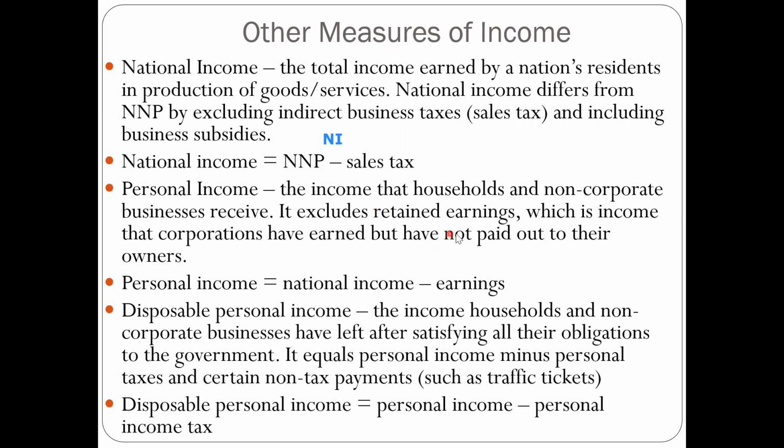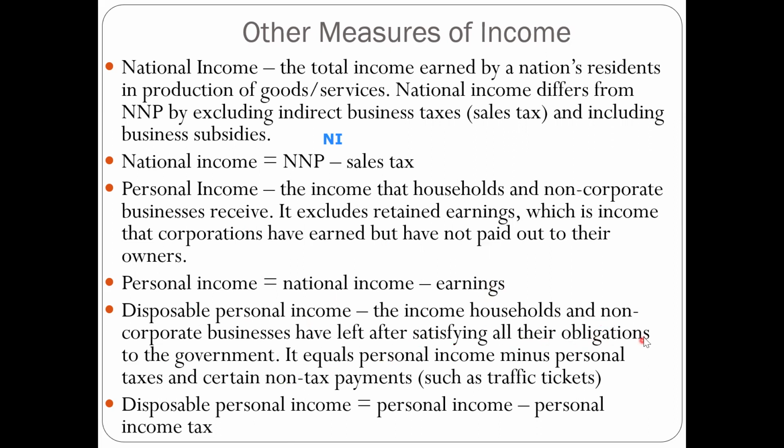Why do companies have retained earnings? In order to grow, in order to open other branches, all of these examples. For personal income, it's the national income minus retained earnings. So personal income is the national income minus retained earnings. Disposable personal income is the income that households and non-corporate businesses have left after satisfying all their obligations to the government.